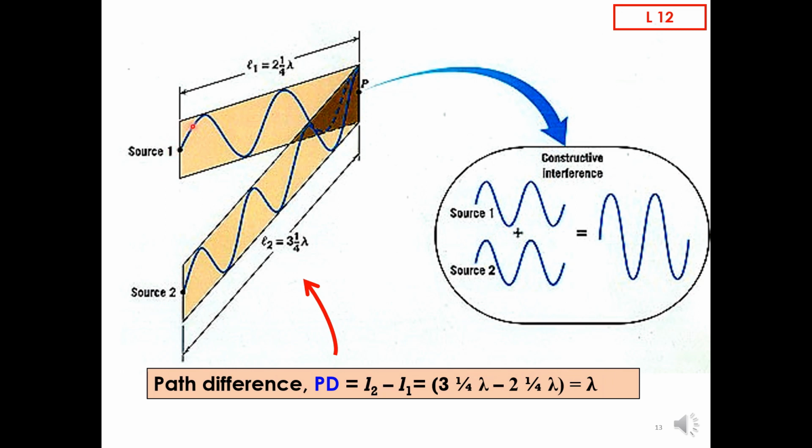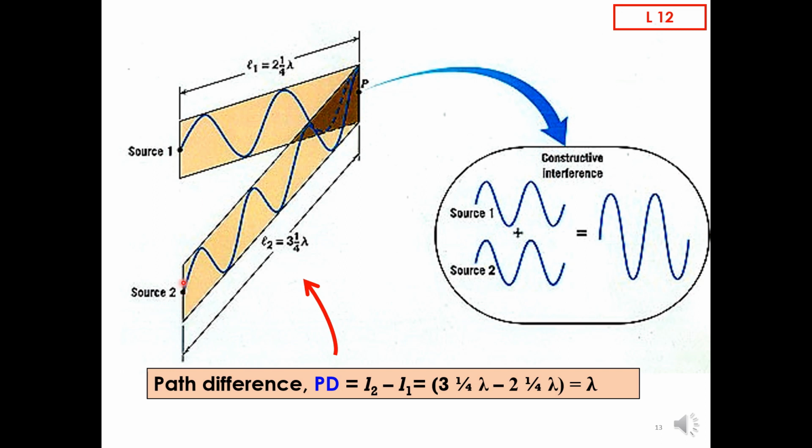Source 1, okay, determine the length of the wavelength. Determine the length of the wave for source 1. Okay, we have 1 lambda, 2 lambda, and a quarter.